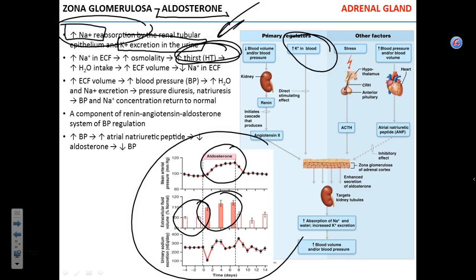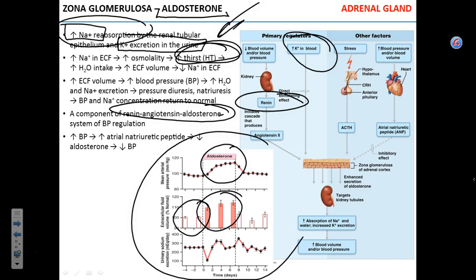Actually, aldosterone is a component of the whole regulation system called renin, angiotensin, aldosterone. I have several steps here. Low blood pressure first activates the hormone called renin, which is produced in the kidney.